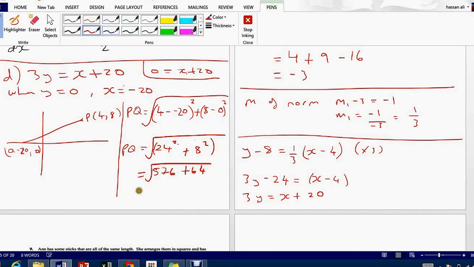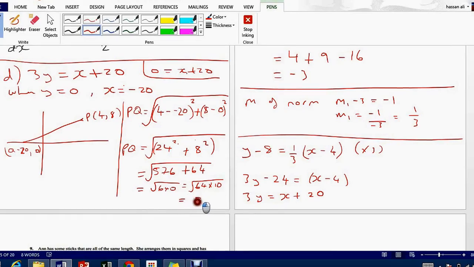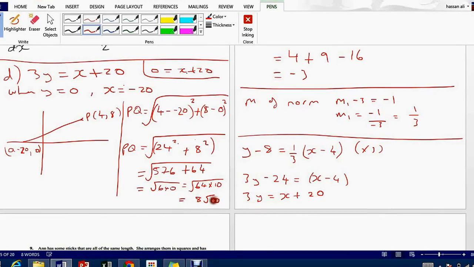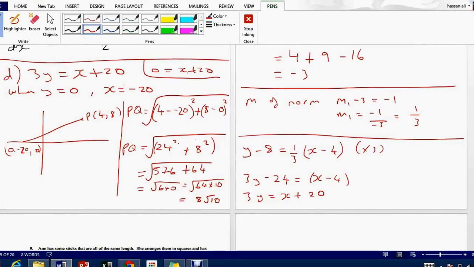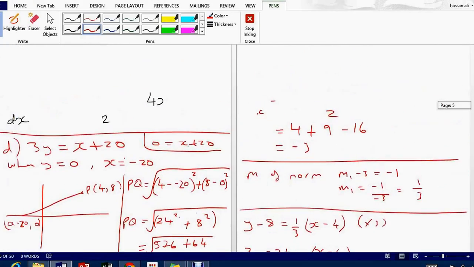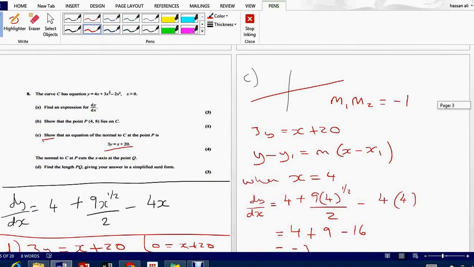Square root that, and now, almost there, root 640. You should be able to realize that will be 64 times 10, and root 64 will give you 8, so that will just give you 8 root 10. That will be your answer for question D, because they want it in simplified surd form.